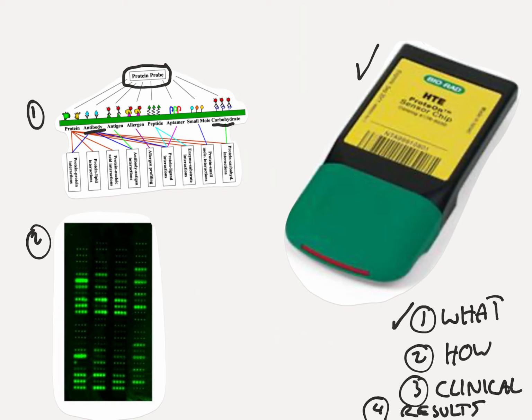Okay, so we'll take the allergy test so that we can get the how part out too. You label a certain sample with color. So you take a sample from a patient, you label it with color. In our case, it's green.